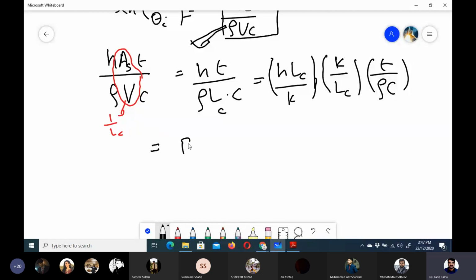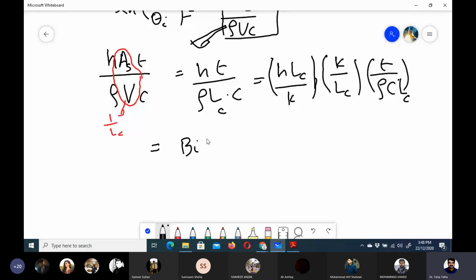So I can write the Biot number here, and then if I rearrange it a little bit, there is as well here Lc, because this Lc should also come here.